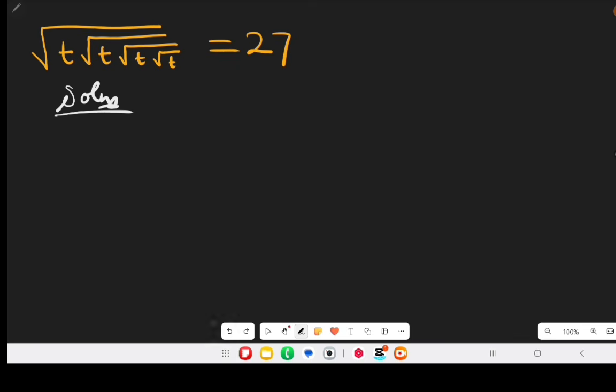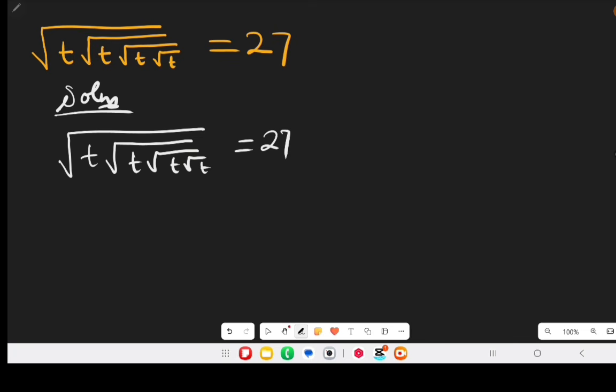Solution. If we approach this from the biggest root, we have root of t, root t, root t, and root t equals 27. Then we square both sides.